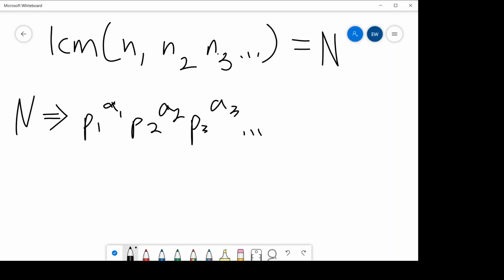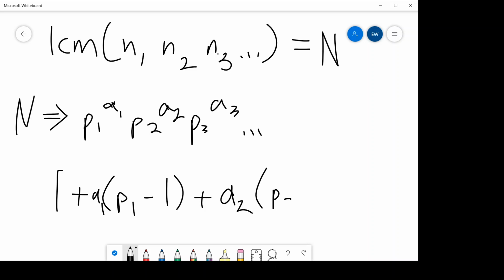Those are all the primes and whatever exponents they happen to have. Then what you're going to do is 1 plus a1 times (p1 minus 1) plus a2 times (p2 minus 1) plus, and you just continue that pattern until you've done them all.